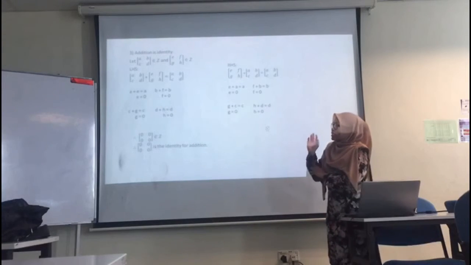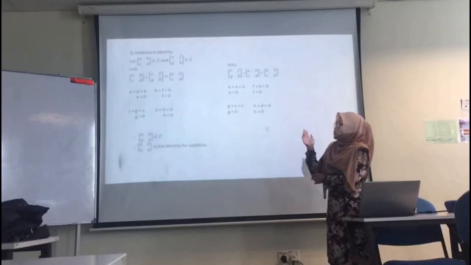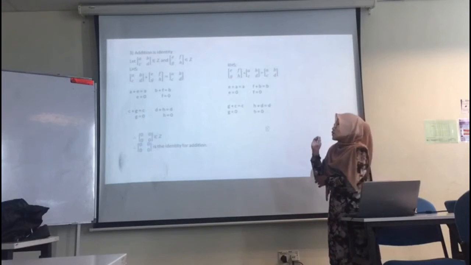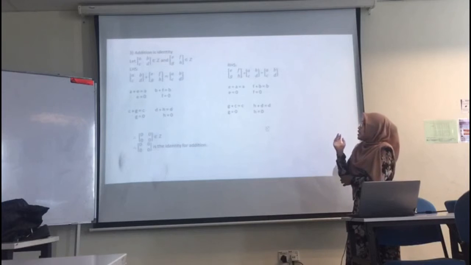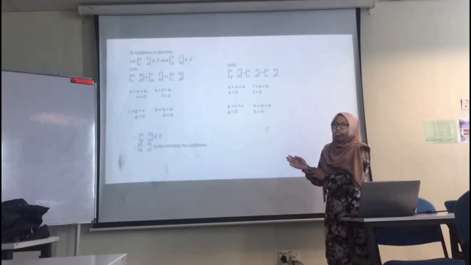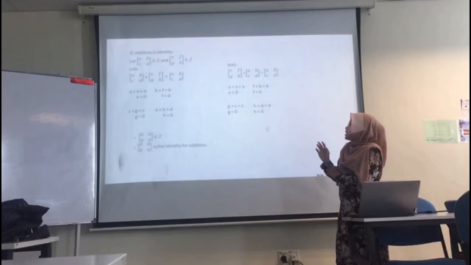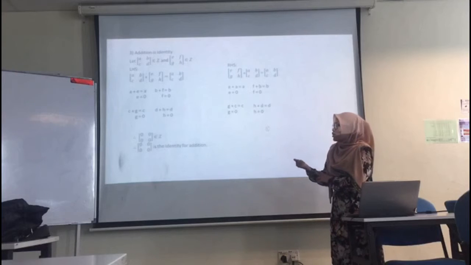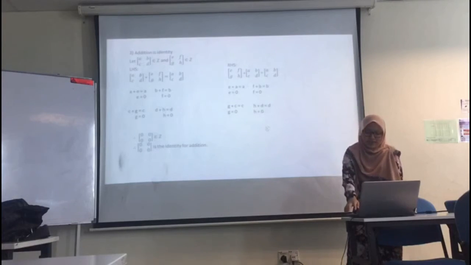So we get the identity E equal to 0, F equal to 0, G equal to 0, and H equal to 0. While in the right hand side, I assume the identity as well, and it gives the same as the left hand side. So it shows that it is an identity of addition.